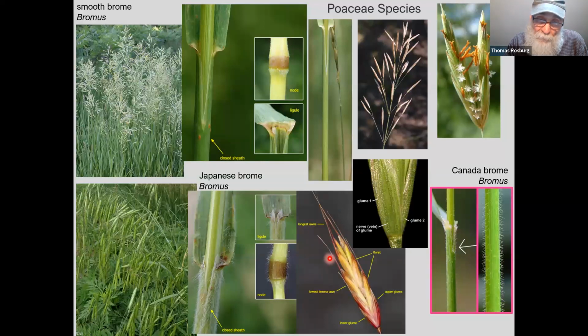These are the awns right here, those slender threads, and they're coming off of the lemmas, which are part of the grass flower. The awns in Japanese brome are 8 to 13 millimeters long. And the awns in cheatgrass, Bromus tectorum, are 10 to 18. So you can almost separate all 4 species simply on the length of those awns.